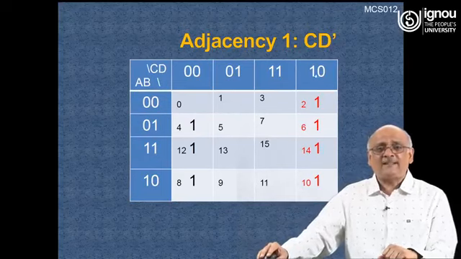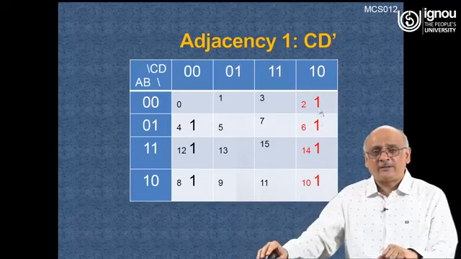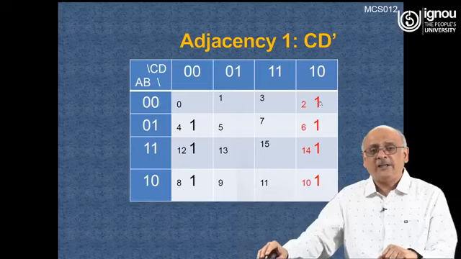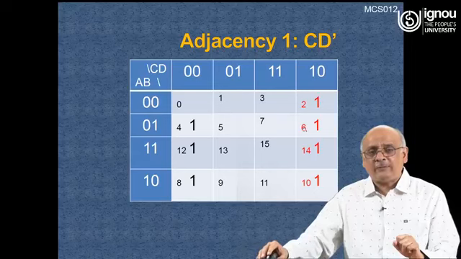The first adjacency which we are listing is shown with the help of the red listing ones. You can see one typical adjacency: all the ones are adjacent to each other in a column.